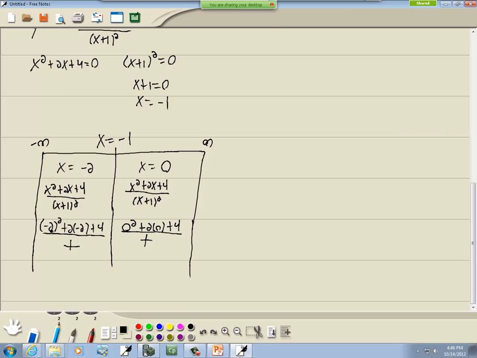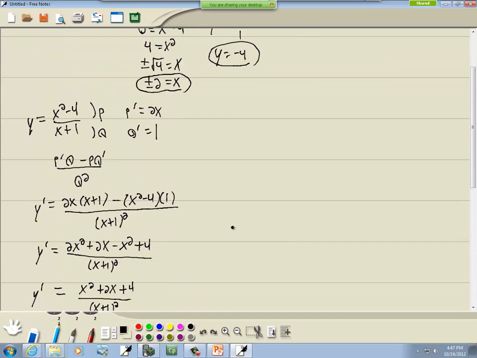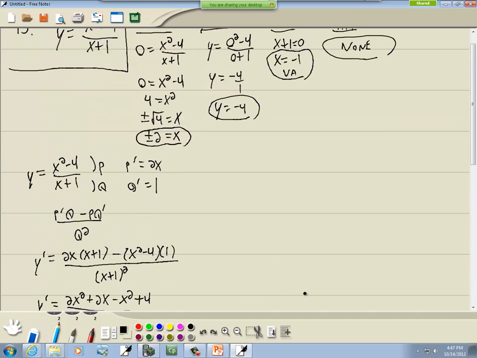Well, -2 squared is 4. 4 plus 4 is 8. 2 times -2 is -4. 8 minus 4 is positive, so we got positive over positive, so this is increasing. 0 squared is 0. 2 times 0 is 0. Plus 4 is positive. Positive over positive is increasing. So it's increasing everywhere, except for -1, of course. Now it seems like, well, that doesn't tell us a whole lot. It actually tells us a lot. So let's see.